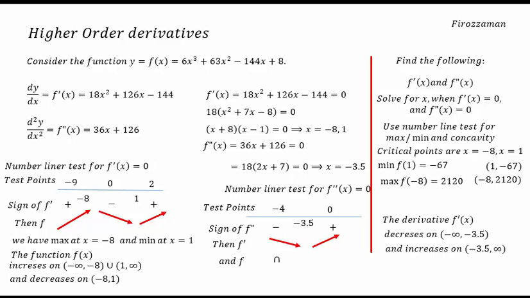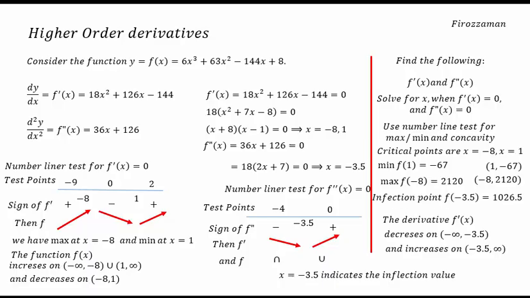So the function on the left side of -3.5 we call concave down. And on the right-hand side it is concave up. So then we can say x = -3.5 is the point of inflection.